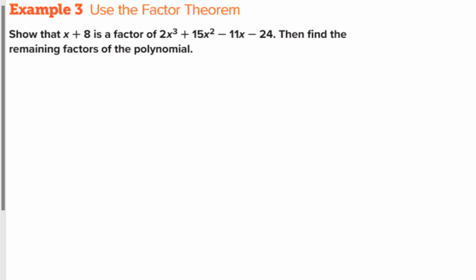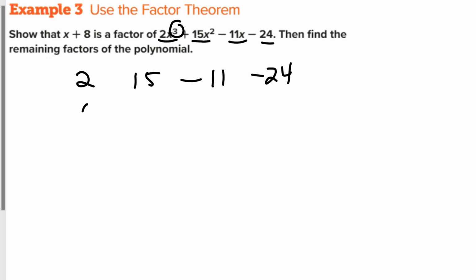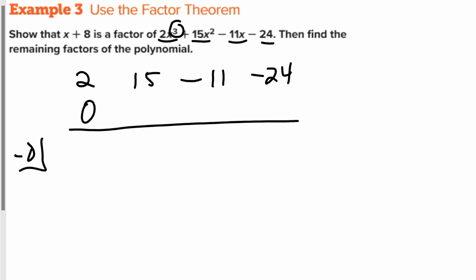So applying that to this question, I have a dividend here, and it's a degree of 3, so I should have 4 terms, which I do. I put all those out: lead coefficient, next coefficient, next coefficient, next coefficient. In the box I want to put not an 8 but a -8, because I set this factor equal to 0 and solve by subtracting 8.